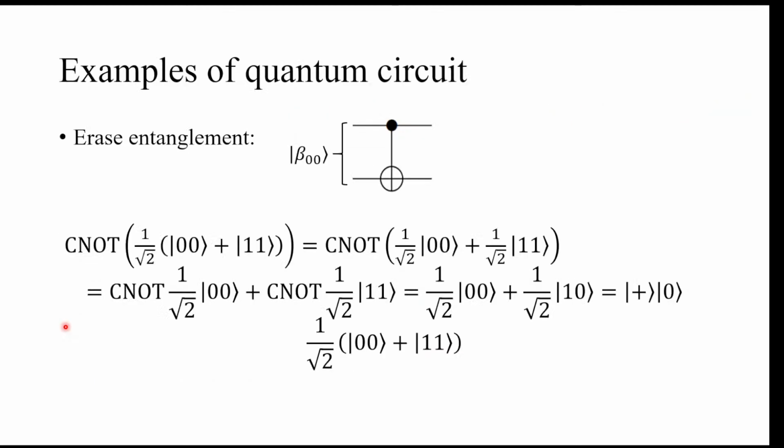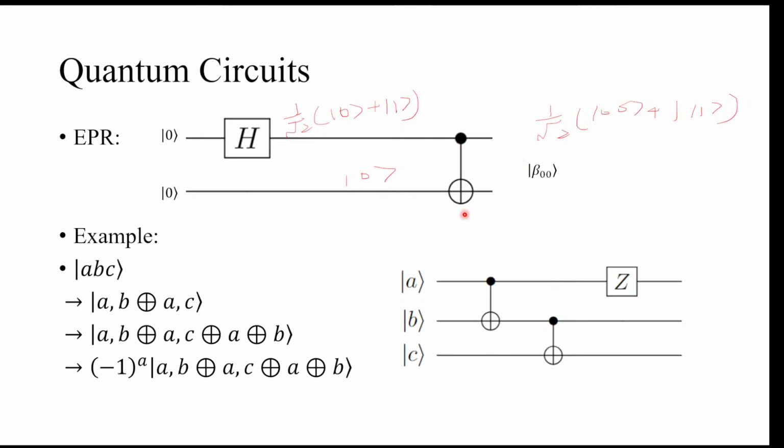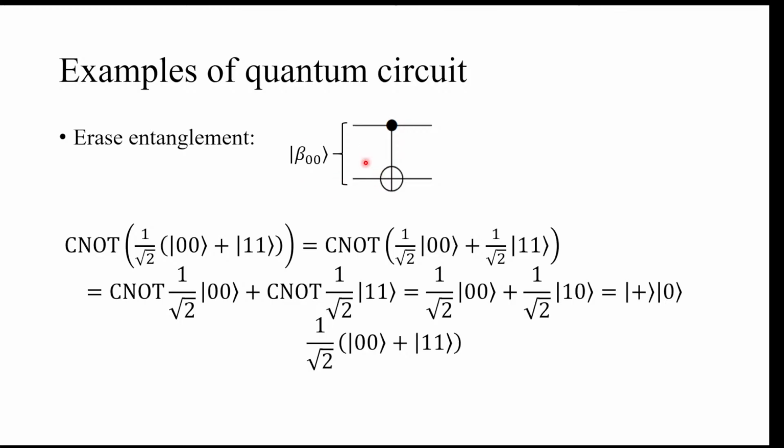Another example we have is something where we erase entanglement. So basically we reverse the CNOT here. We start with already beta 0, 0 here, so it's 0, 0 plus 1, 1, and you go through CNOT, and the 0, 0 component still stays 0, 0, and the 1, 1 component becomes 1, 0 because you add the first 1 to the second 1, and 1 plus 1 becomes 0 in mod 2.